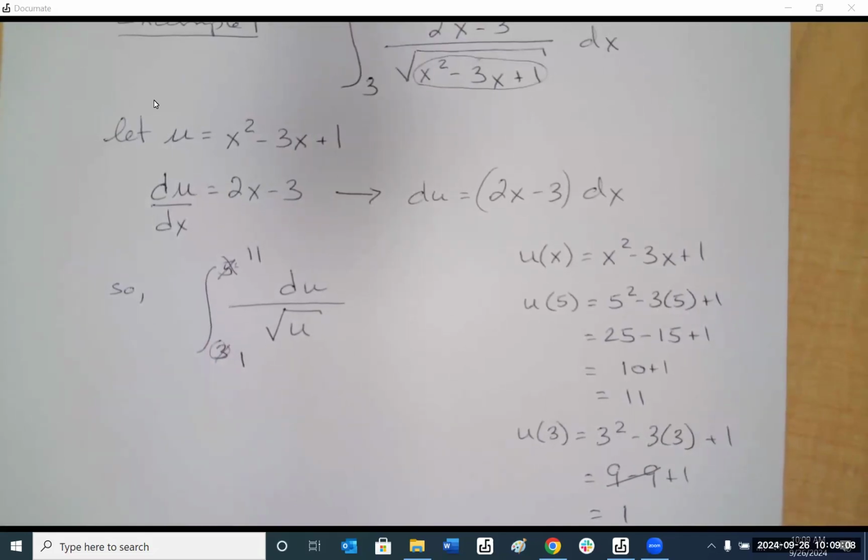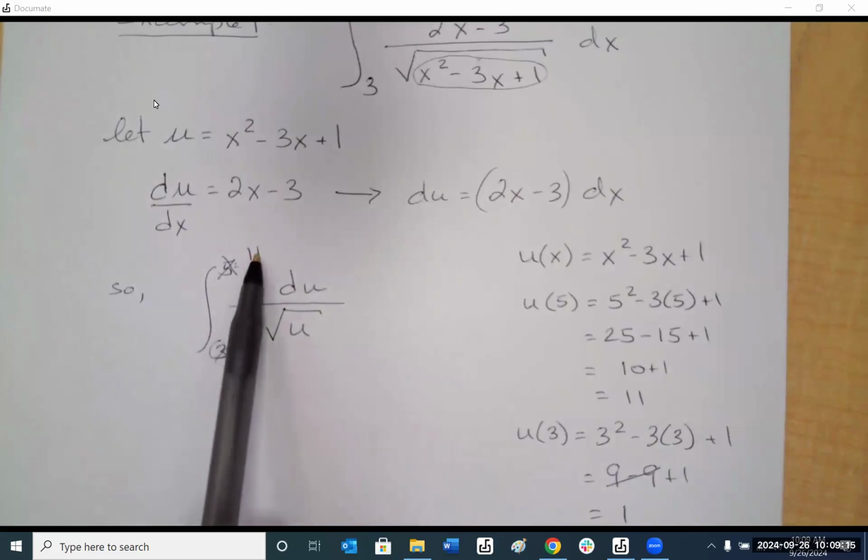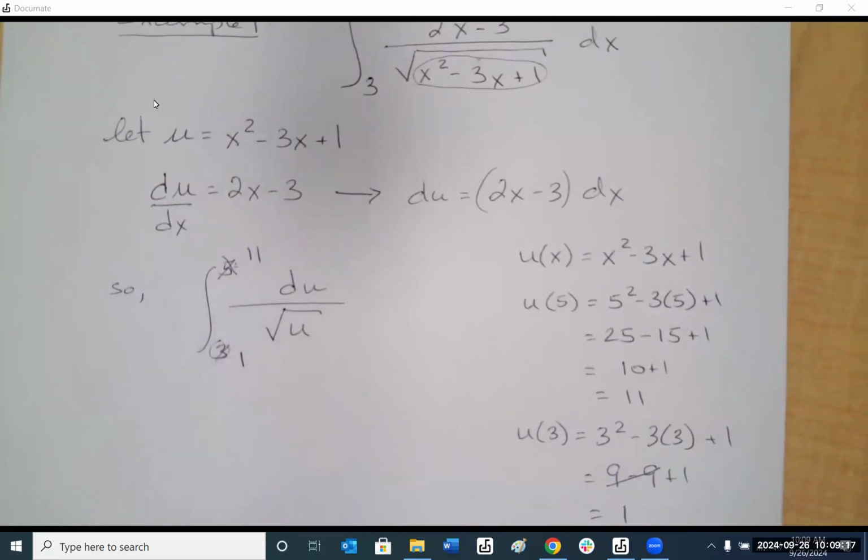Why is that important? Did we have to change these bounds of integration? The answer is no, because we could have used the substitution method to find the integral and then put it back into functions of x, and we could have kept it at 3 and 5.